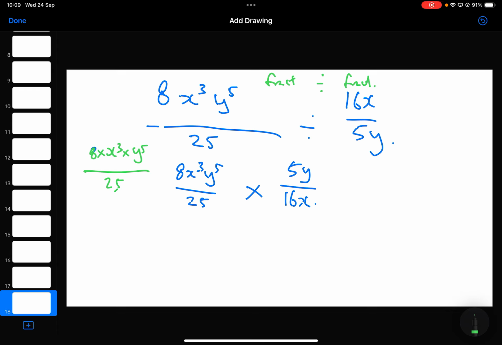Then the other fraction, I must be thinking this one is 5 times y over 16 times x.